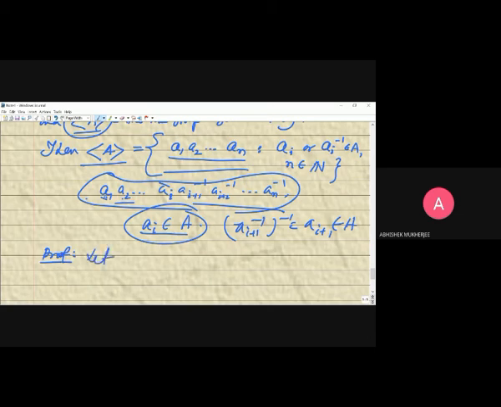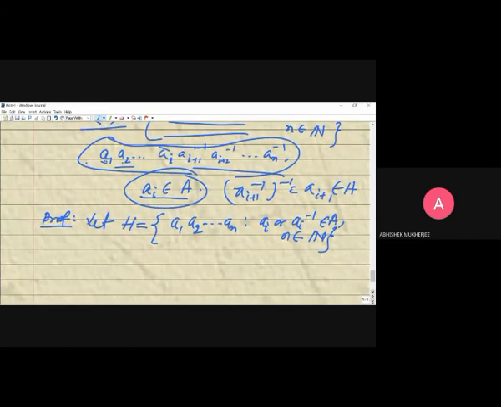So let capital H be the set comprising elements of this type, the finite products, where ai or its inverse is in A and n runs over the natural number set.